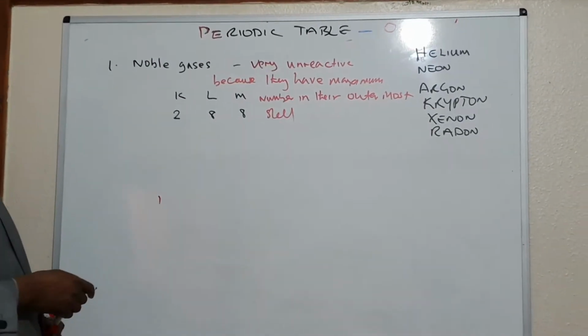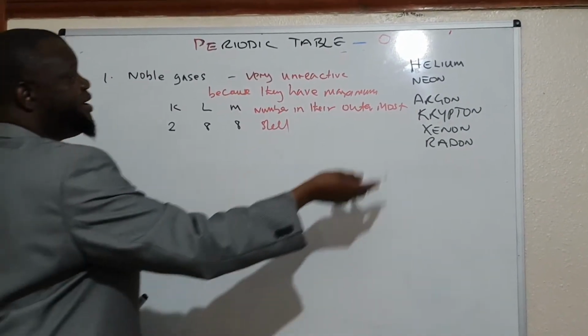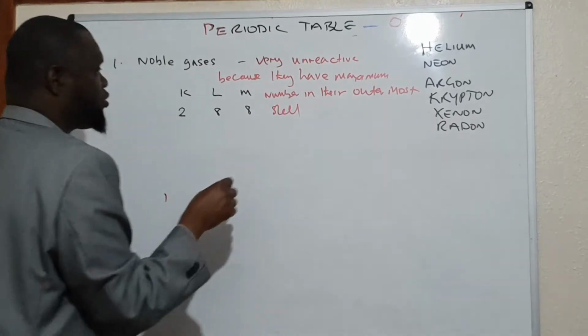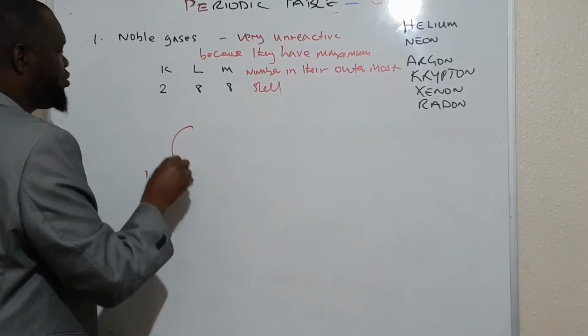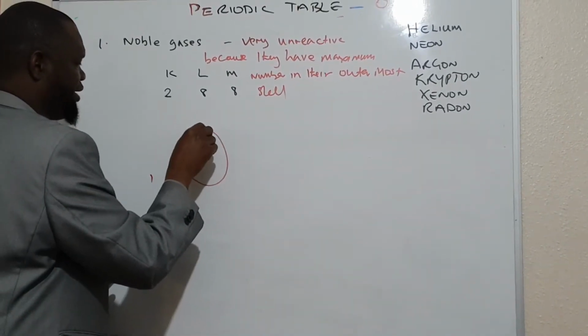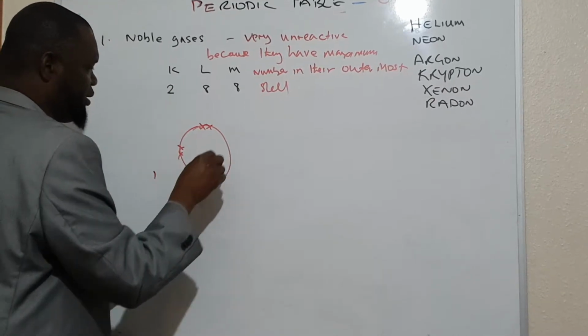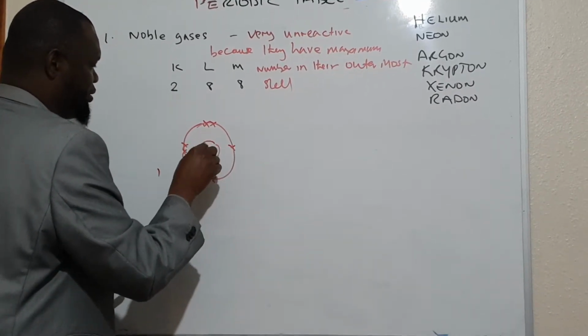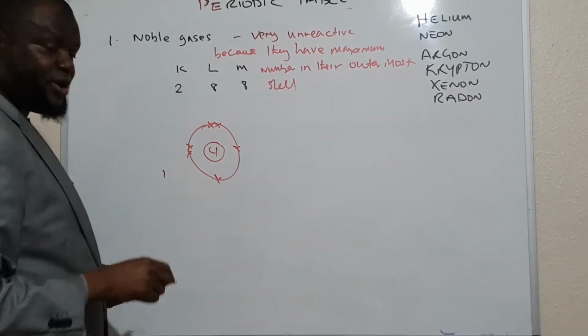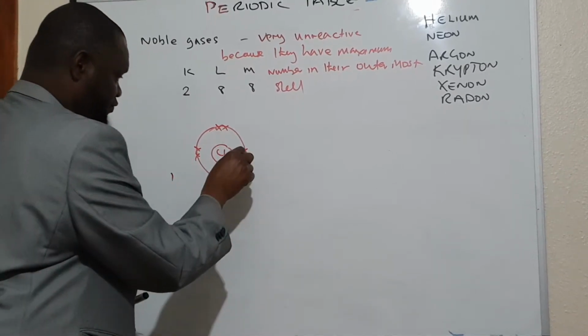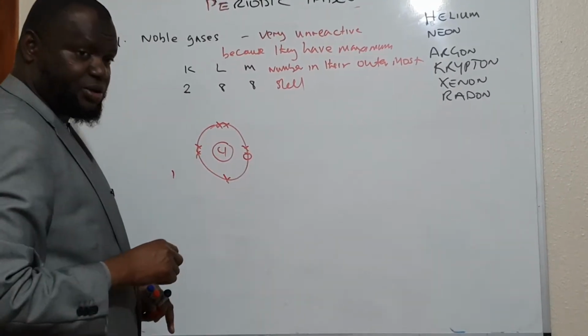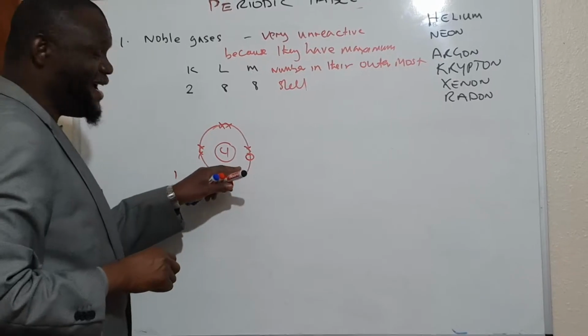So, take the element just before, chlorine. Chlorine has 7 electrons in its outermost shell, so it can accept 1 electron to make it 8.